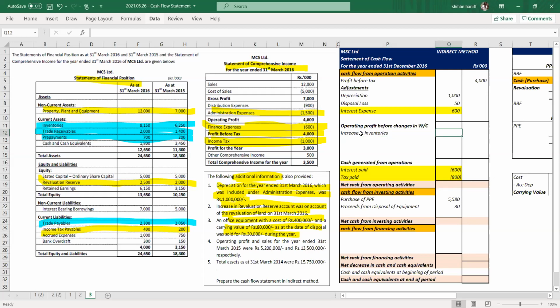How much is the increase? 8,150 minus 6,250, 1,900. So asset, negative relationship. Trade receivables also increased by 600.